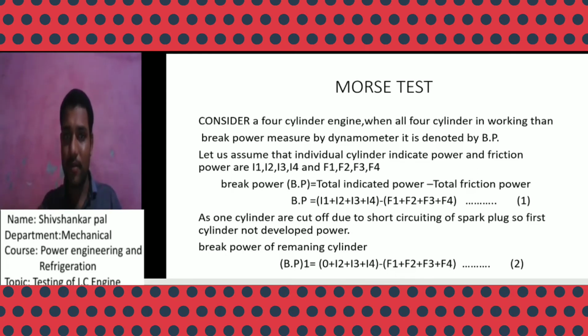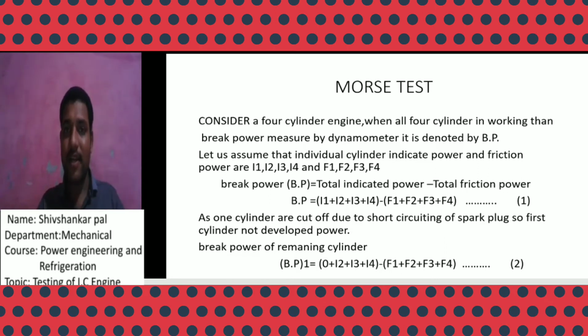Why? Because all the cylinders of the engine are coupled to a common shaft. When the shaft rotates due to the three working cylinders, the pistons generate power. In the first cylinder the piston also moves from top dead center to bottom dead center, so friction between cylinder and piston continues to occur, but it does not produce power because no spark is generated.